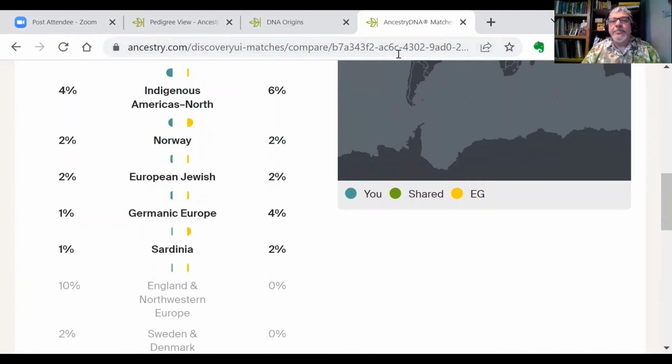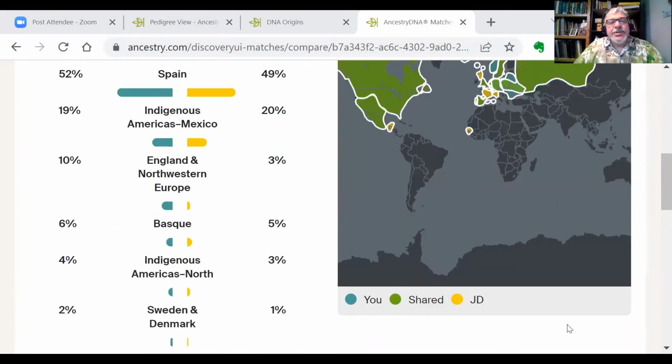Let me show you one more. This is a relative. I have a number of siblings, not my siblings, they're siblings of each other, who are related to me three different ways. Twice on my mom's side, once on my dad's side. And as far as the dad's side, that's the Bourguignon family.